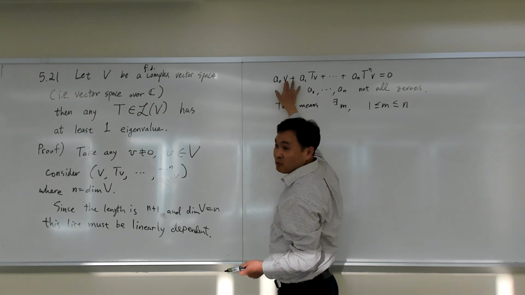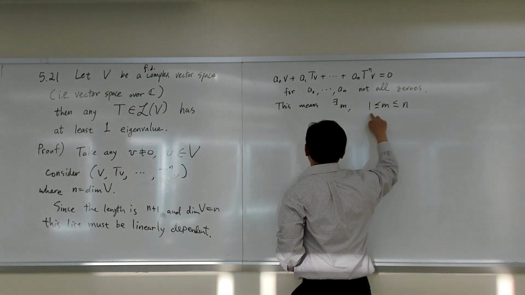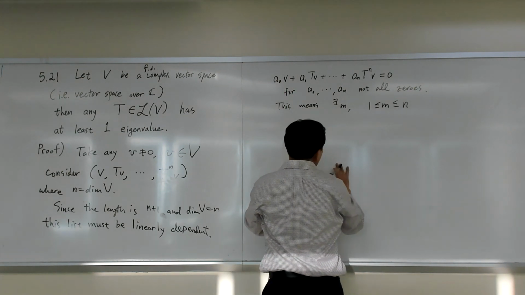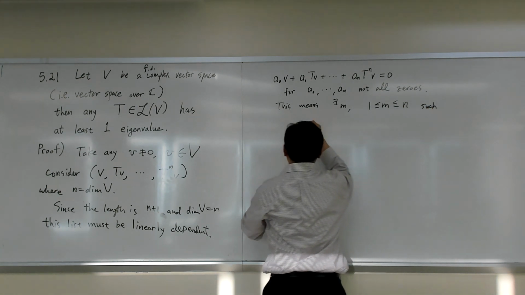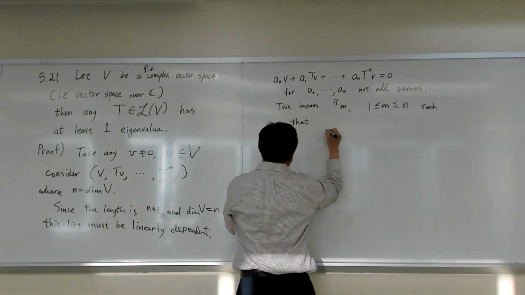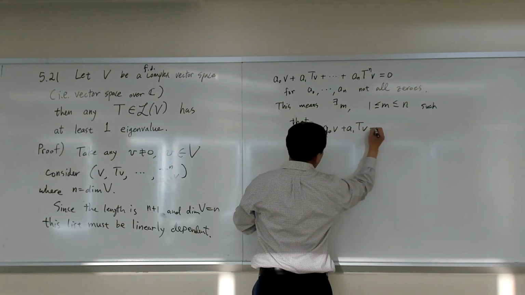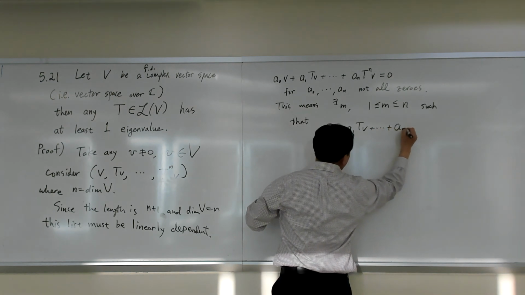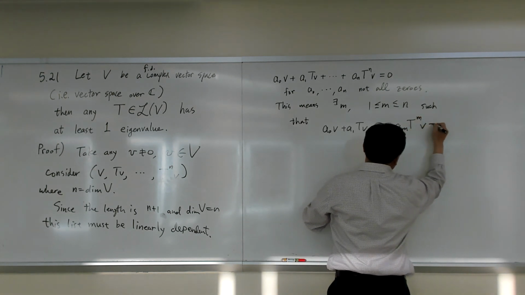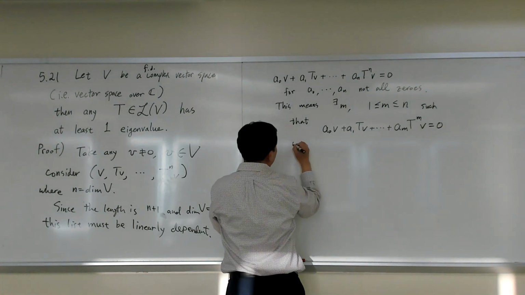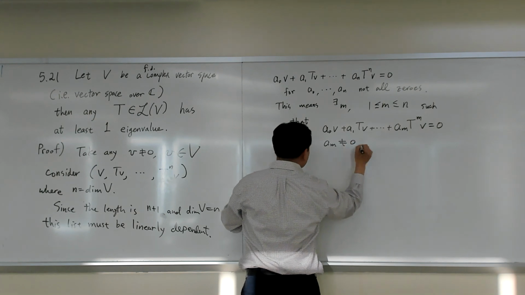If A0 times V is 0, then A0 is forced to be 0. So m should be at least 1, such that A0 V plus A1 TV plus ... plus Am T^m V is equal to 0 with Am non-zero.